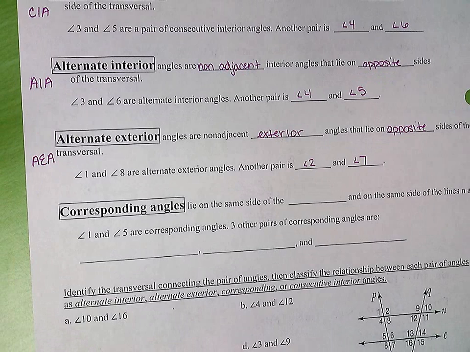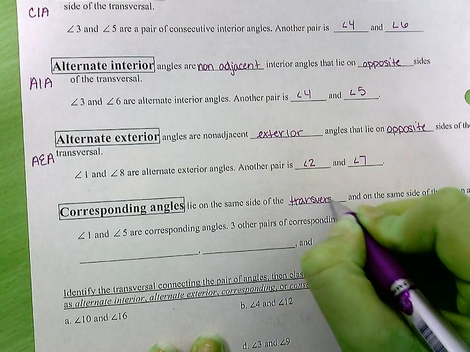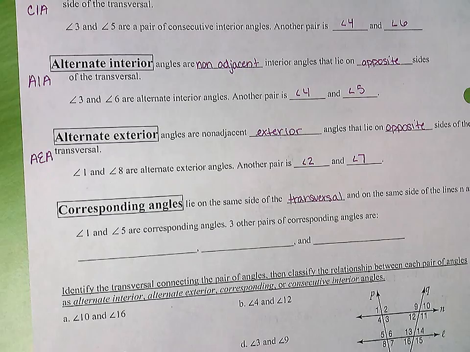The last type is corresponding angles. They lie on the same side of the transversal and on the same side of the lines N and M. We don't have an alternate in this case, so we're not going over the transversal.